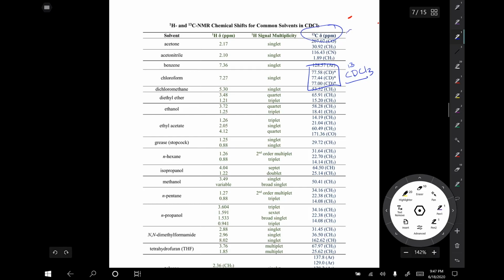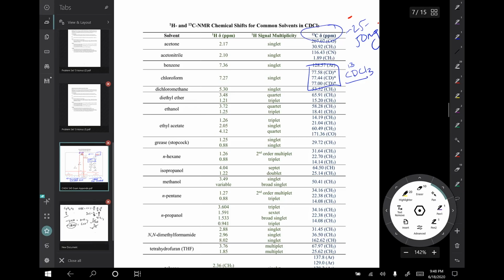That's also why we have to have close to 25 to 50 milligrams of it. We need more of it than, say, a proton NMR. So if you see some peaks that you're not really sure about, they're likely solvent that has been used. If it's something weird, I will tell you what the solvent is. Chloroform is very common and the majority of them will be chloroform. But if it's something wonky, I will definitely let you know.